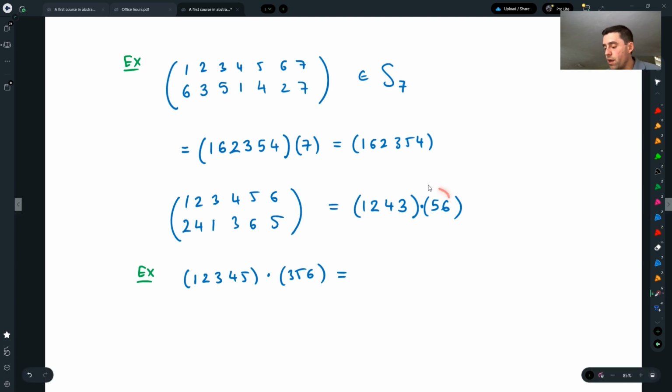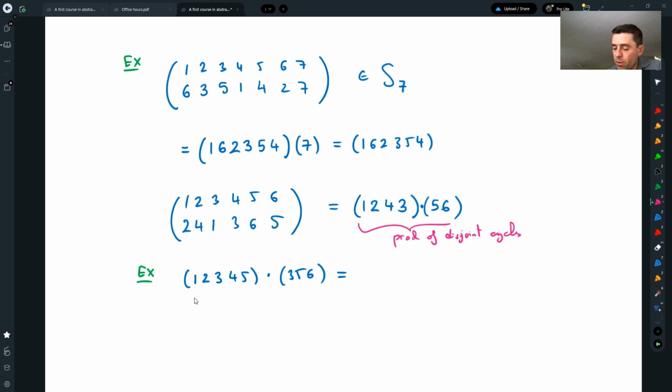While these were disjoint cycles, this tells me where 5 and 6 go. 5 and 6 are fixed here, while 1, 2, 3, and 4 are fixed here, and this tells me where 1, 2, 3, and 4 go. So that is what we call a product of disjoint cycles. But this is a product, but they're not disjoint. So I want to write it as a product of disjoint cycles.